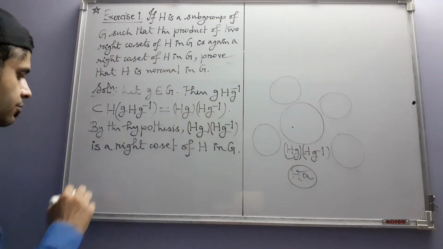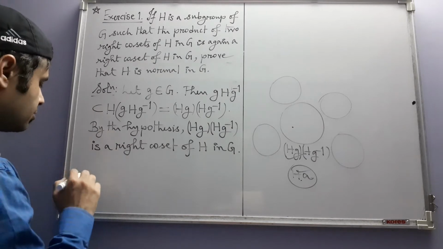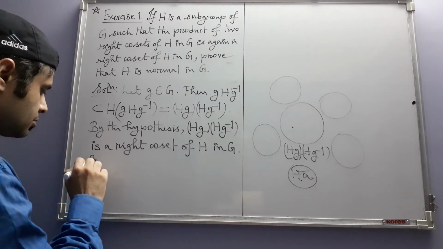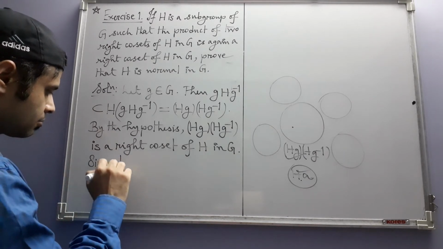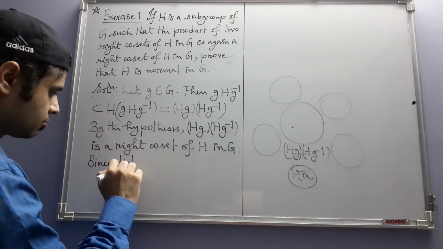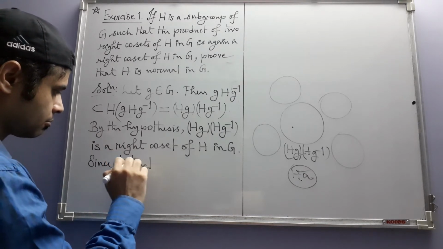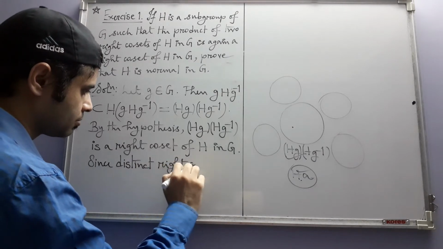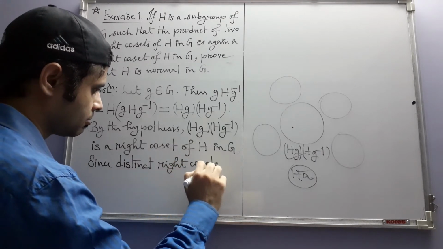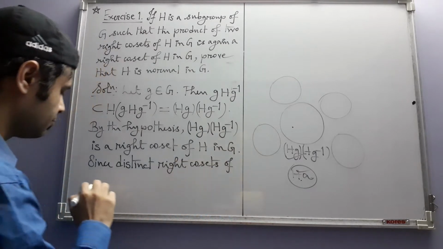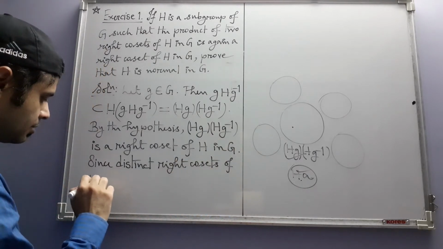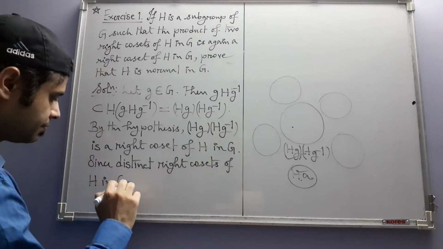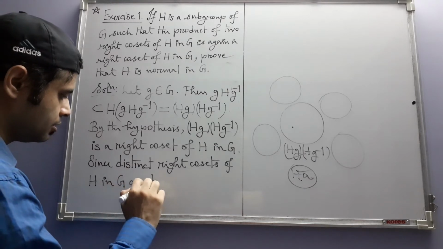So that's what we are going to do now, and the argument goes like this: since distinct right cosets of H in G are disjoint.